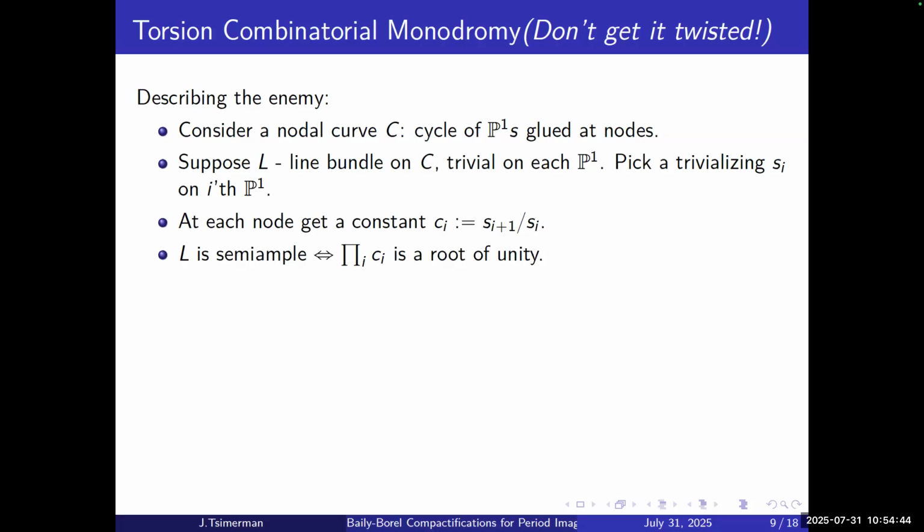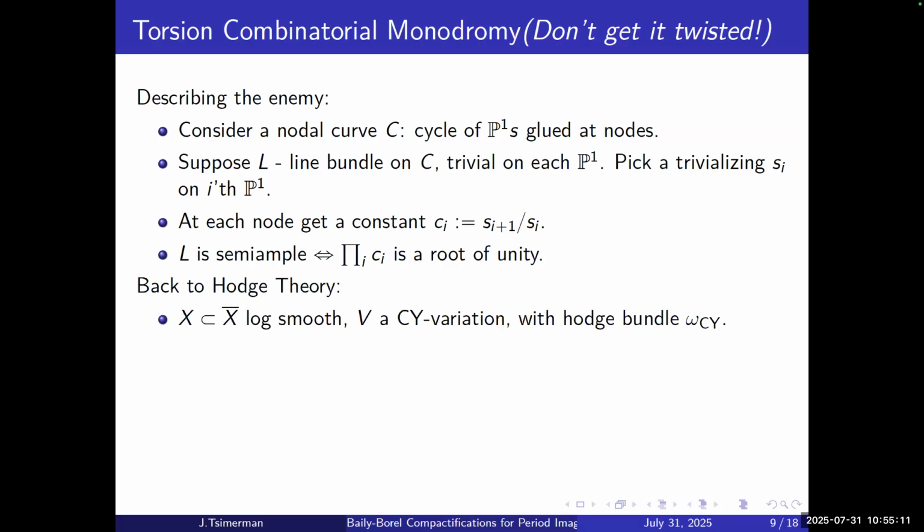Then at each node, once you pick a trivializing section on each P1, you get a constant, which measures how far off the gluing is for your two sections. And if you multiply all your constants around the cycle, you get some number. If this number is 1, your L is trivial on the actual curve. If it's a root of unity, your L is semi-ample. If it's not a root of unity, then it's not. Okay? So this kind of phenomenon can happen on nodal curves.